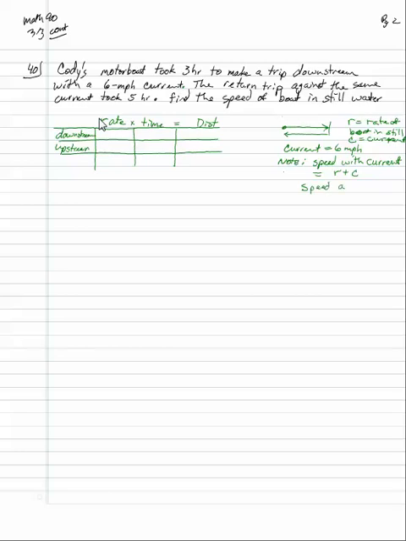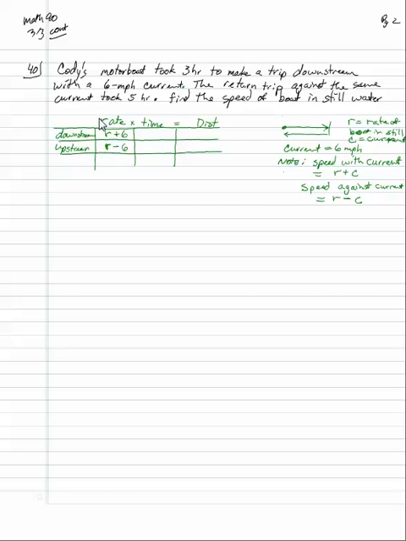Speed against the current is just straight add or subtract, R minus C. So we don't know the speed of the boat in still water, but we know the current is 6. Going downstream, with the current, is R plus 6. Going upstream against the current would be R minus 6.